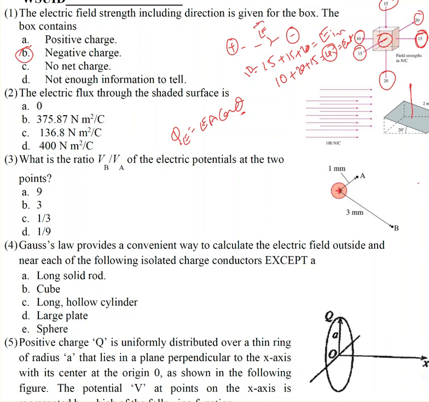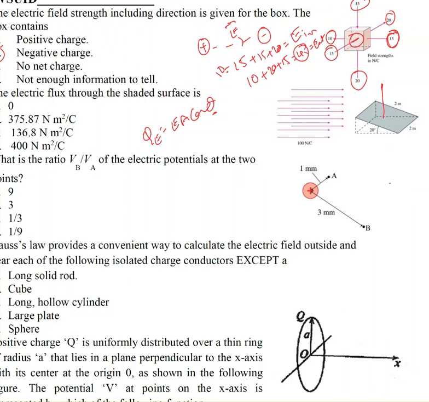So here we need to find the angle between E and the normal to the area. If we look at here, the electric field is going towards the x-axis. Now this normal, can I say it is around 70 degrees with the x-axis?